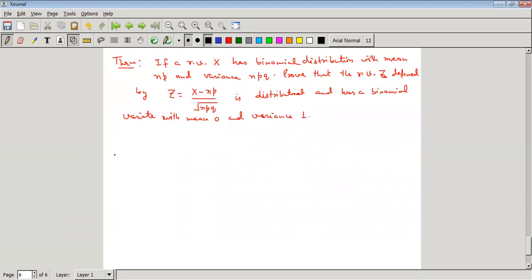So by definition, expectation of Z is equal to expectation of x minus np divided by under root of npq, and we can take 1 upon under root npq to be common.